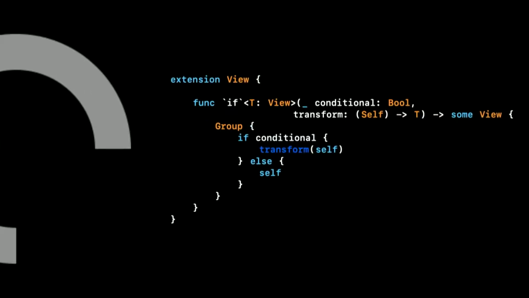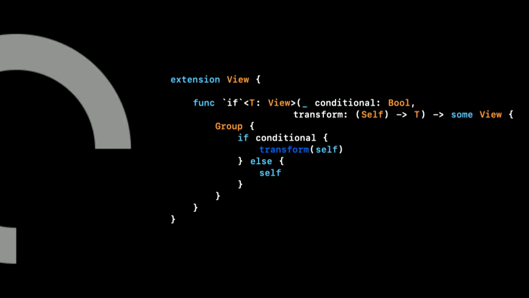We make an extension on the view type that takes a Boolean value as well as a transformation closure. Depending on our condition, we decide to transform the view itself or not. Note that everything here is wrapped in a group, which is needed since the types of the two returns that we have might be different.